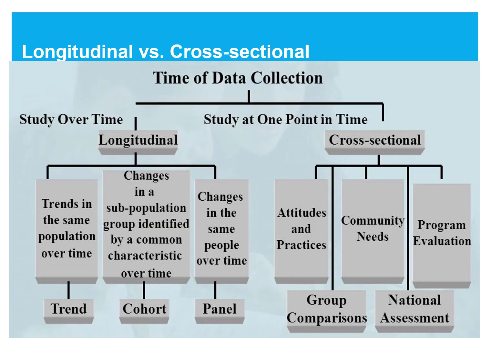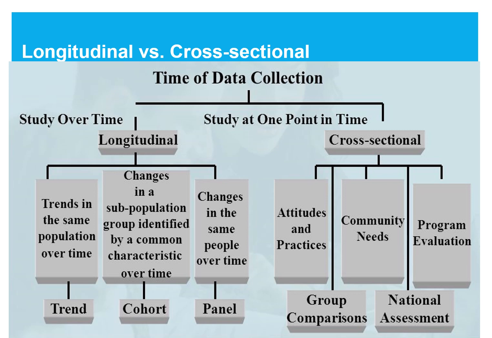To summarize, it's quite easy to understand. When we mention longitudinal, if you think about "long", it refers to a study over time. There are a few examples here that give you an idea of what we mean by longitudinal. You're looking at trends in the same population over time. For example, you may want to look into people's taste in fashion and the changes in the fashion industry, so within a particular population, how their views changed.